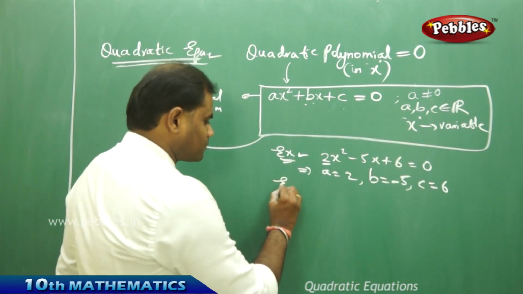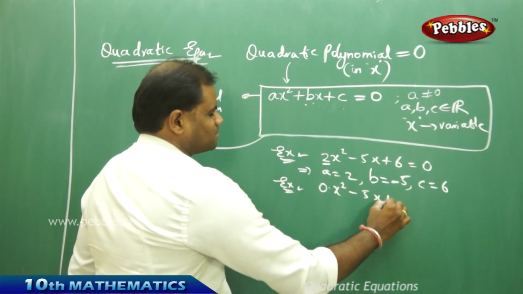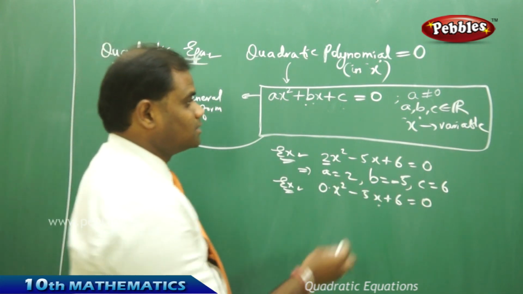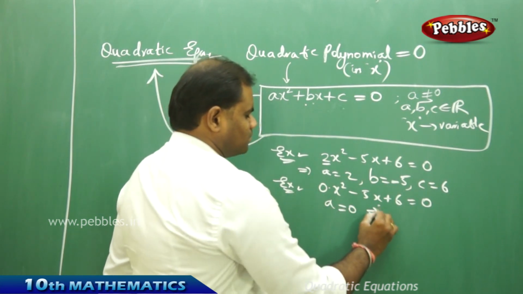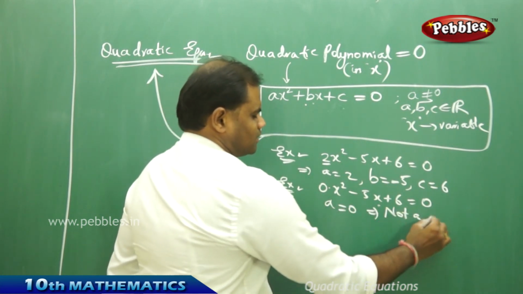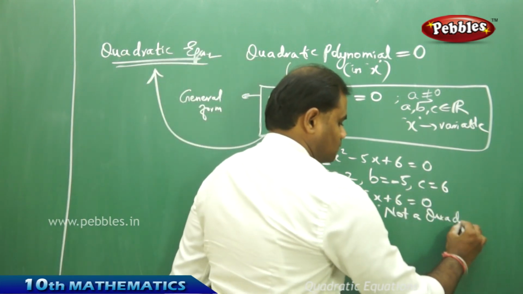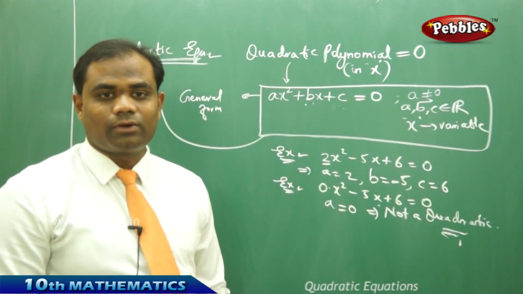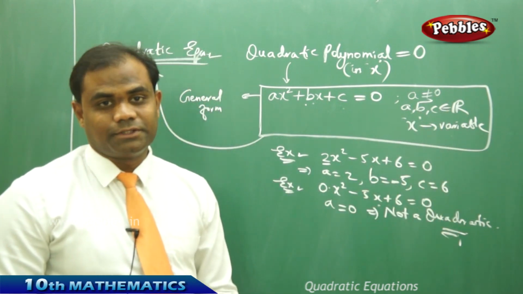But if I take 0x squared minus 5x plus 6, this is not a quadratic equation because it fails the condition a not equal to 0. That implies it cannot be a quadratic. This is how I understand the quadratic equation with its basic definitions.